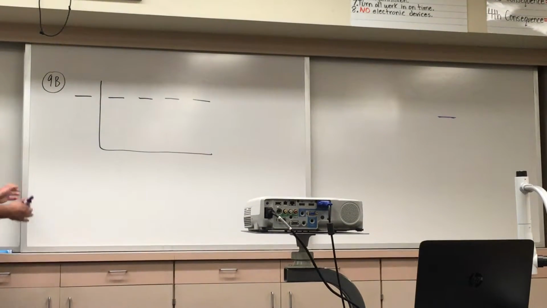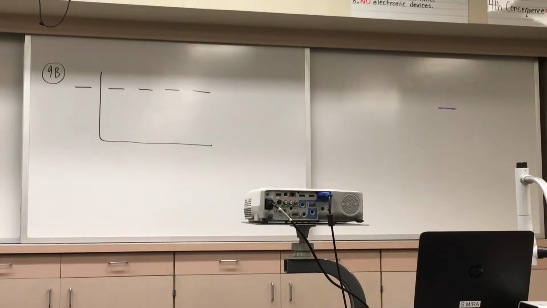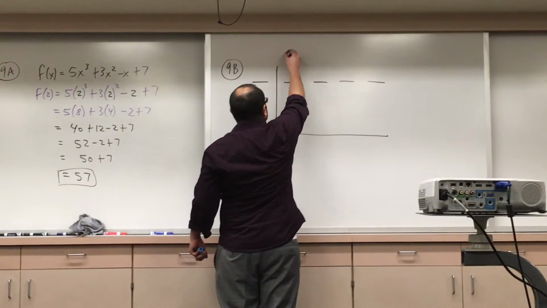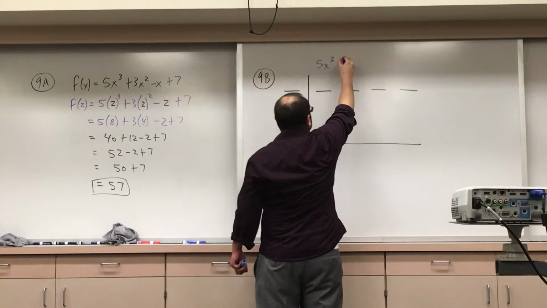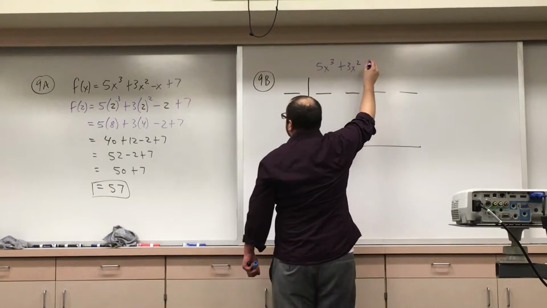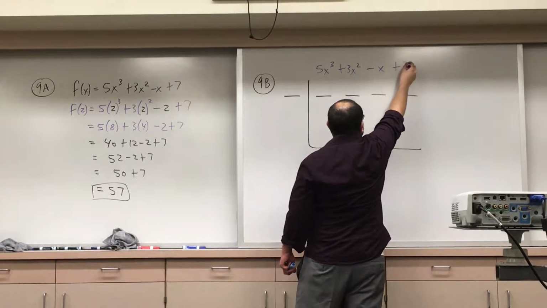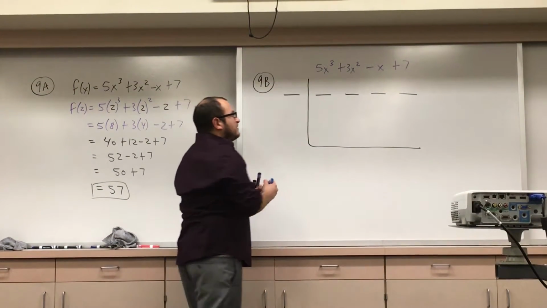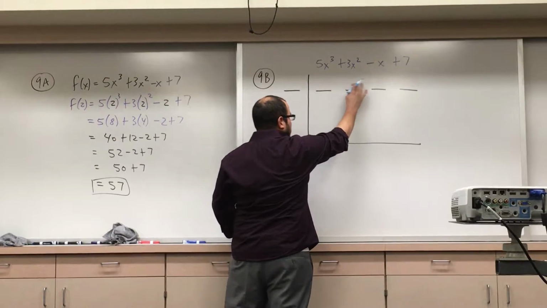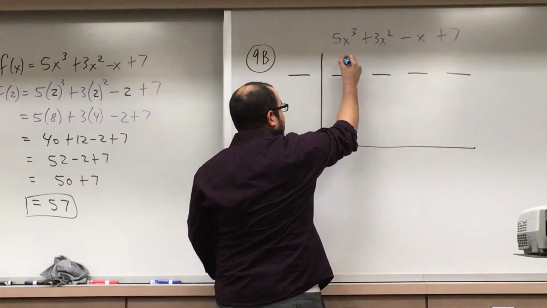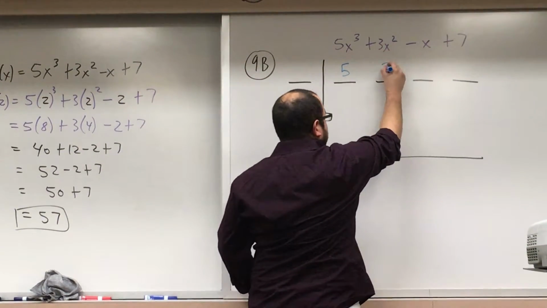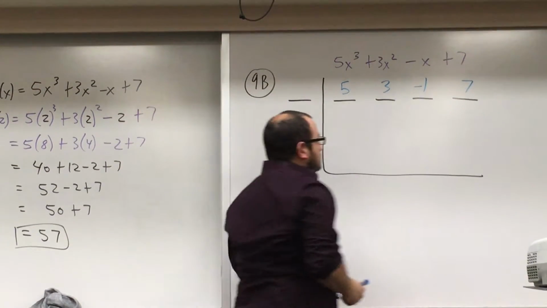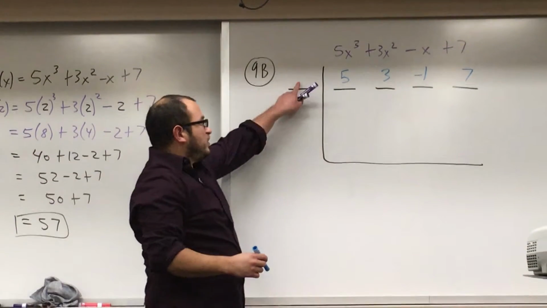Okay. Alright, so if we look at our problem up here, let me go ahead and write it up here so we see it. 5x cubed plus 3x squared minus x plus 7. If you look back at your notes, I said all the coefficients have to be here. So the coefficient of here is 5, coefficient of here is 3, coefficient of here is -1, and here is 7. Now, what are we evaluating?